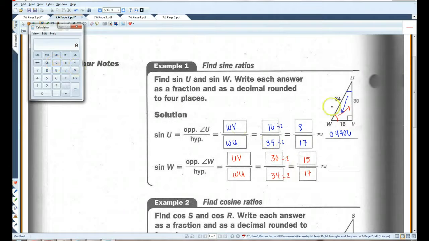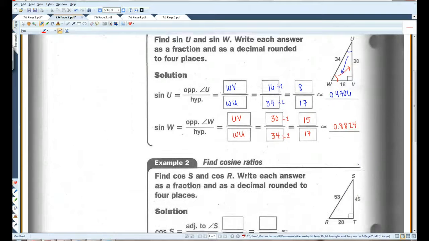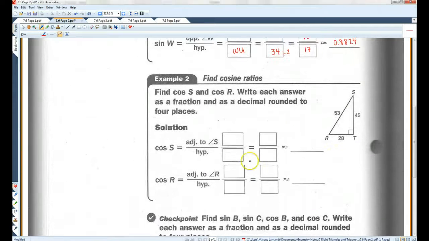Hopefully you guys see that this is an 8, 15, 17 triangle. 8, 15, 17 is a common Pythagorean triple. So 15 divided by 17 is 0.8824. Alright, let's go on to the next one.